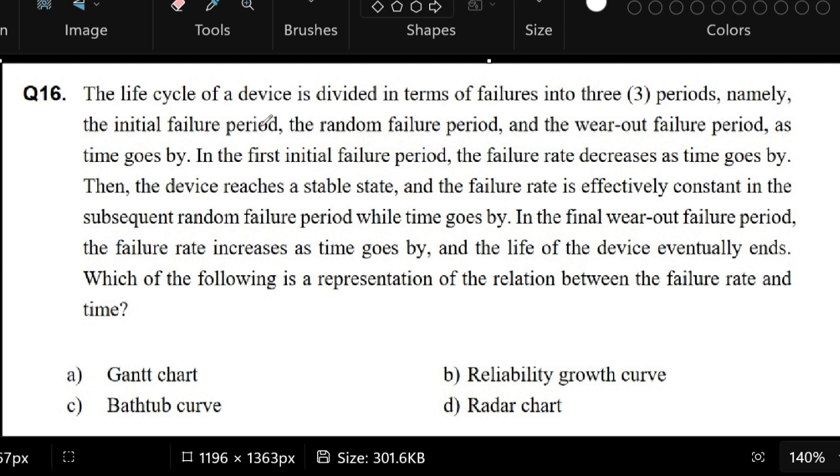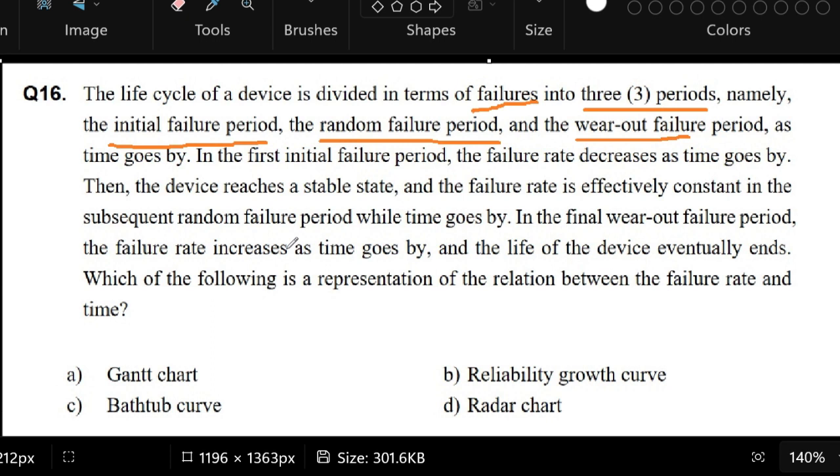For example, we have here something about failures and them being put into 3 periods. The first one is the initial failure period, then the random failure and the wear out failure.